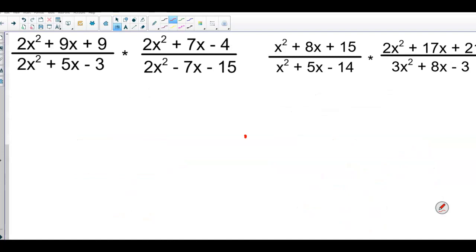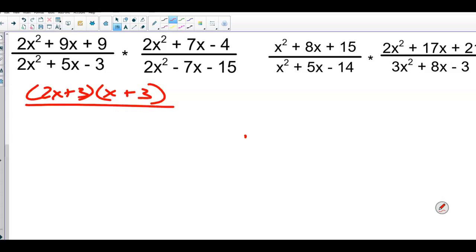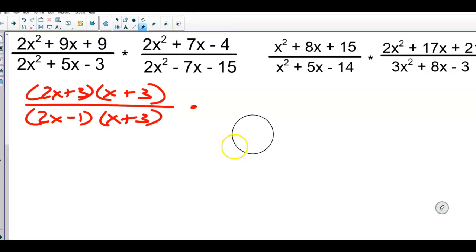All right. So here we're just factoring. This ends up being a 2x minus 1, x plus 3. It reverses the sign from earlier. Okay.